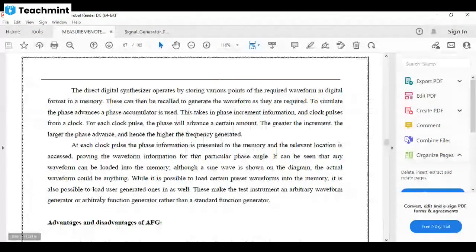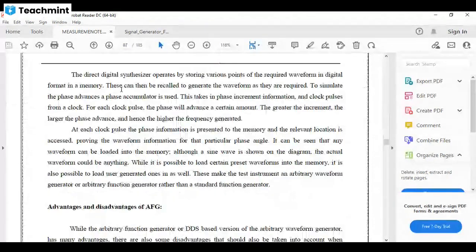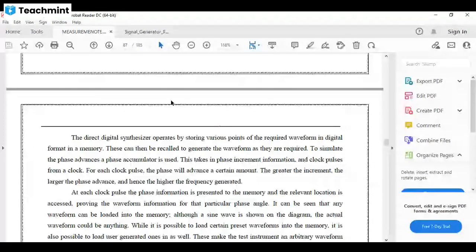The digital synthesizer operates by storing various points of the required waveform in digital format in memory. Then they can be recalled to generate the required waveform. To simulate the phase advance, a phase accumulator is used, and this takes the phase increment information and clock pulses from the clock source.